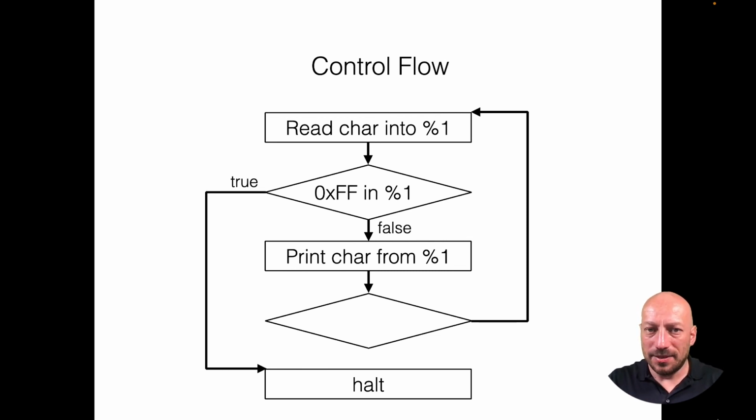Now, the first step is to do the opposite, to go from the implementation to a readable description. And you see this here in this flowchart. This describes this second version for the cat command. And in this flowchart, you see, for example, that each box represents exactly one instruction, for example, for reading, printing, and halting the program. And these diamond shaped objects are jumps.